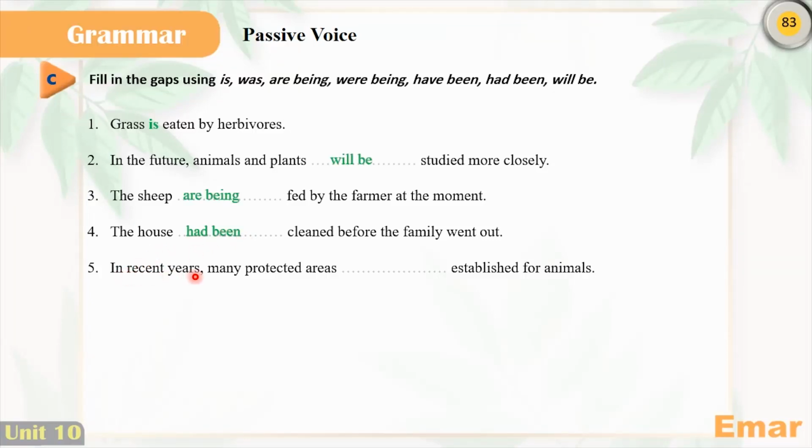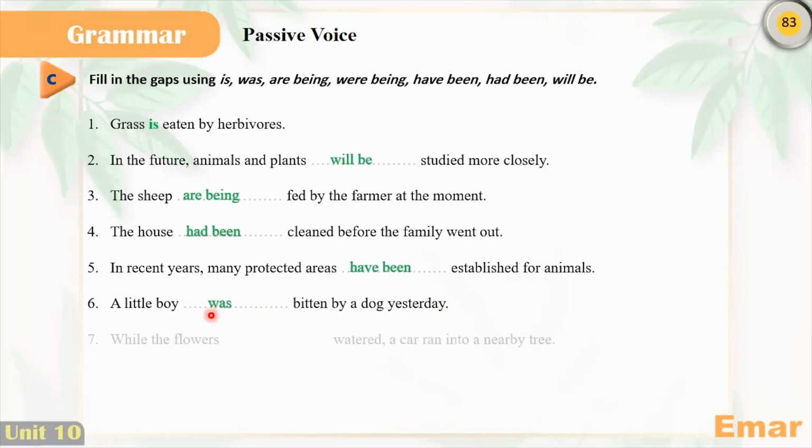Number five, in recent years, many protected areas have been established for animals. Have been, present perfect because we have a clue, in recent years. Number six, a little boy bitten by a dog yesterday. Yesterday is a clue, is an adverb for past tense. So a little boy was bitten.